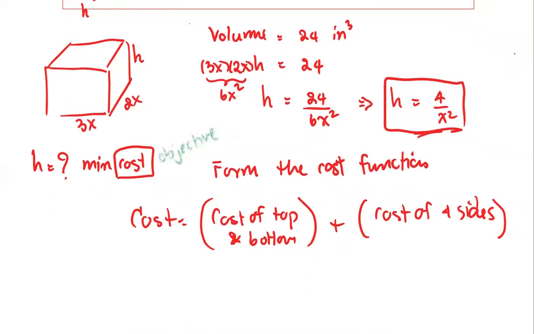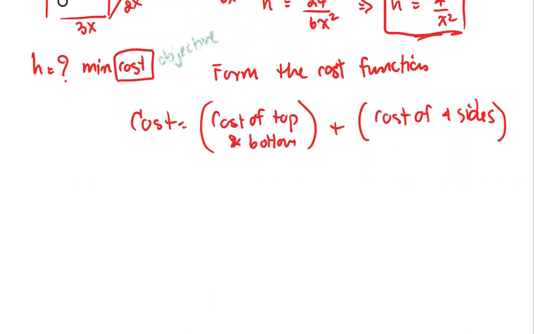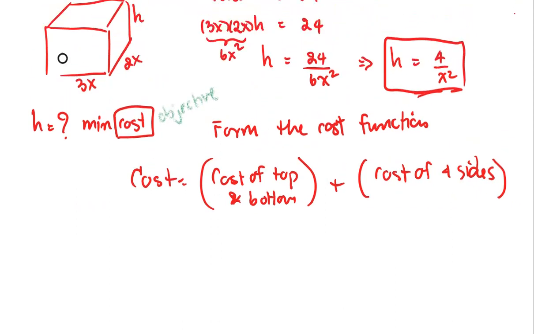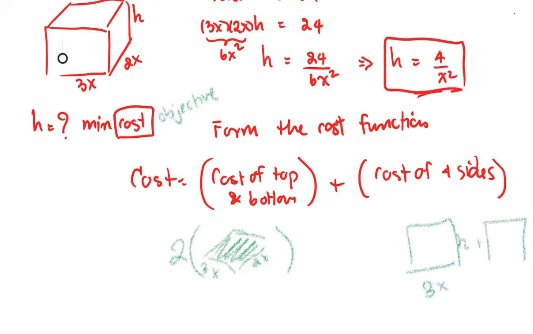Are you okay with the setup so far? The framework so far. From the figure that I drew, I have the top with dimensions 3x by 2x, but I have two of them because of the top and bottom. And then the 4 sides: we have 3x multiplied by h, plus the opposite side, 2x multiplied by h.